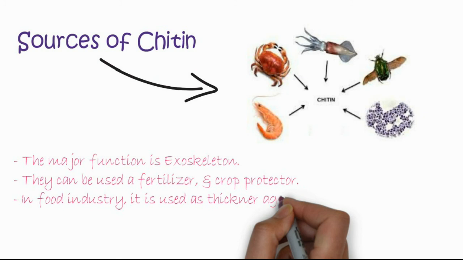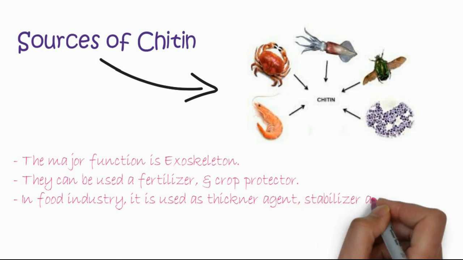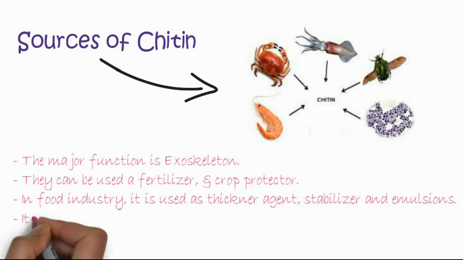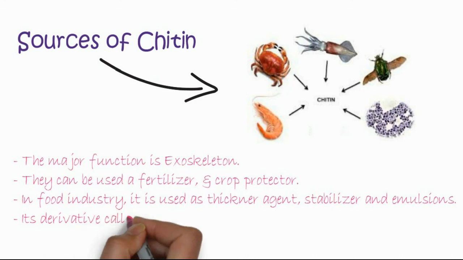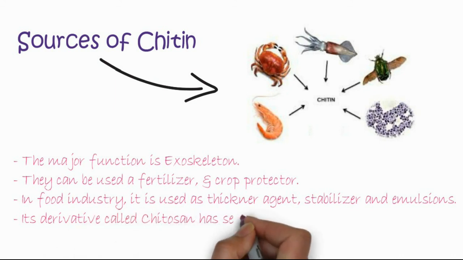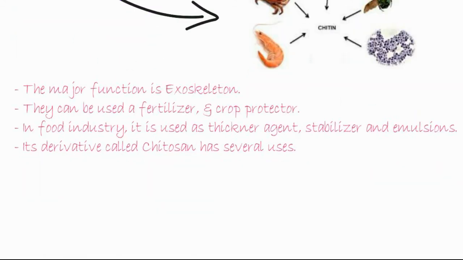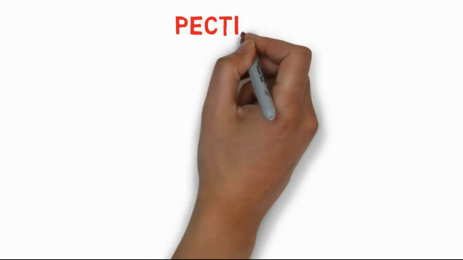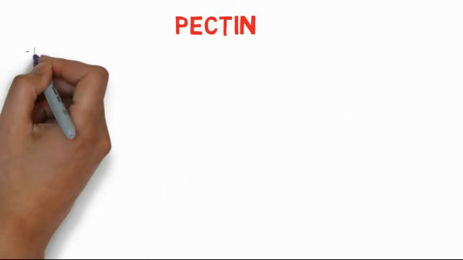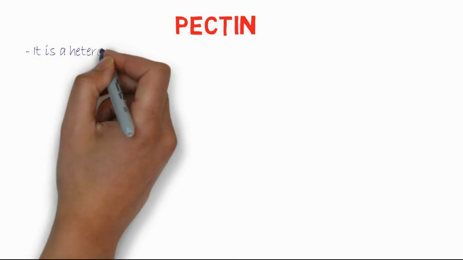In the food industry, it is used as a thickening agent, stabilizer, and emulsifier. Its derivative, called chitosan, is commonly used and has several functions.